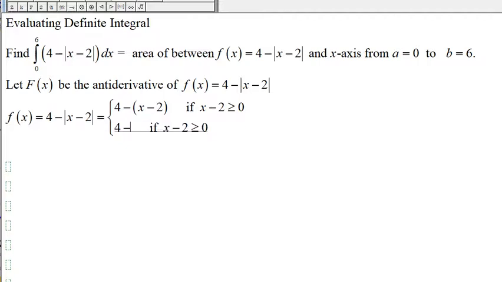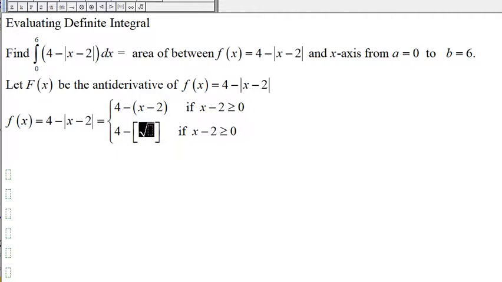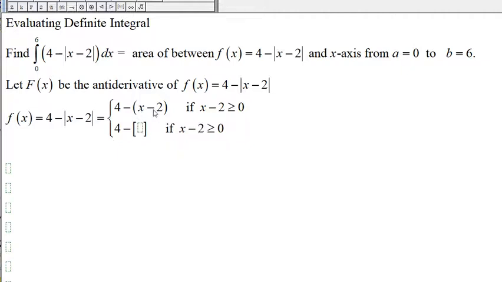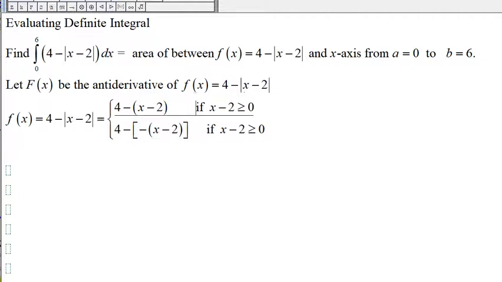And it will be equal to 4 minus the opposite of x minus 2, so 4 minus negative x minus 2, if x minus 2 is less than 0.